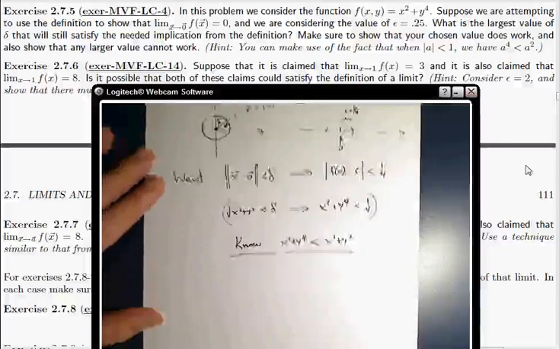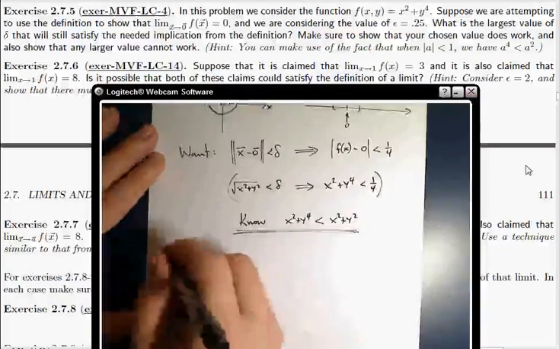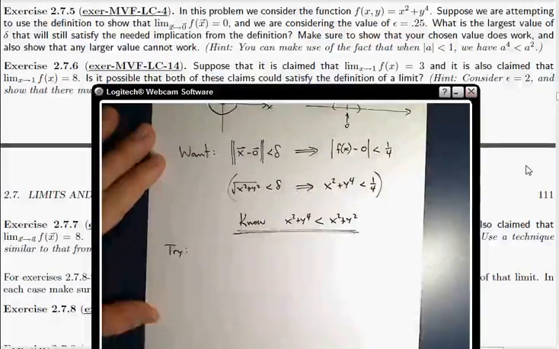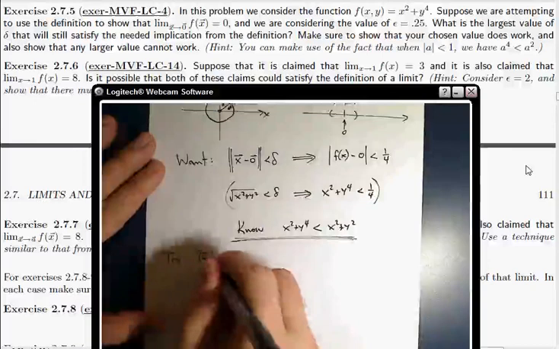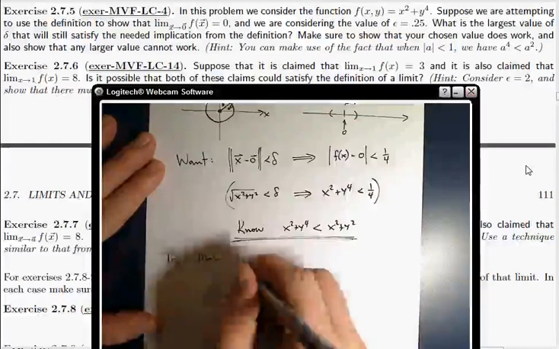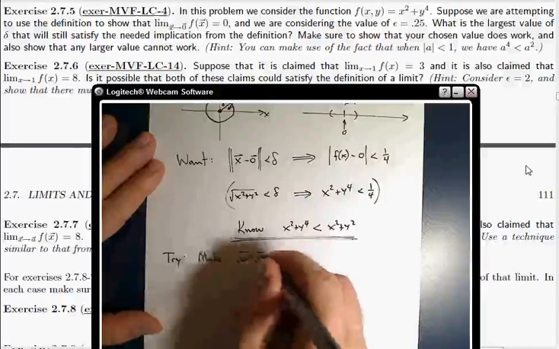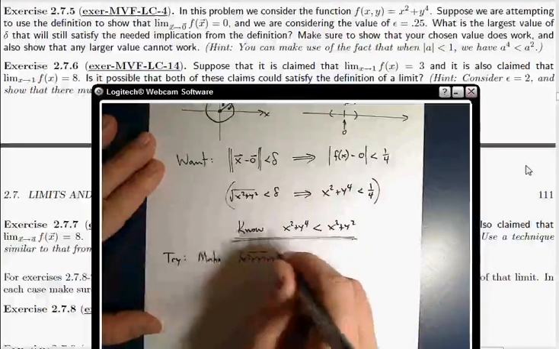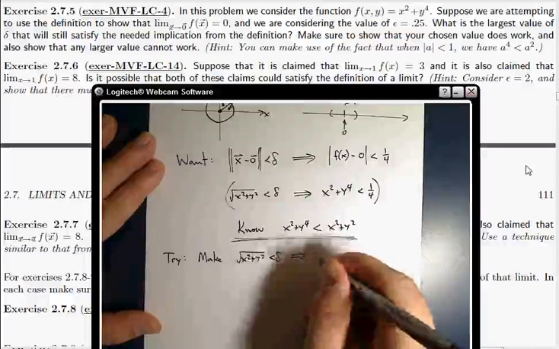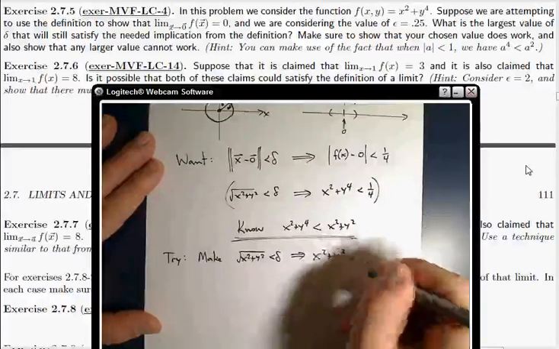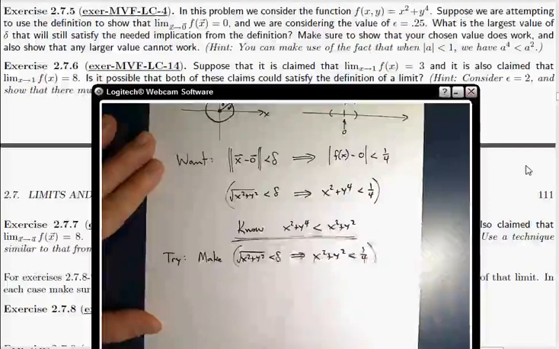So how about we do this? Let's try the following. Let's make square root of x squared plus y squared less than delta. Let's make that imply that x squared plus y squared is less than 1/4. Let's make that be true.